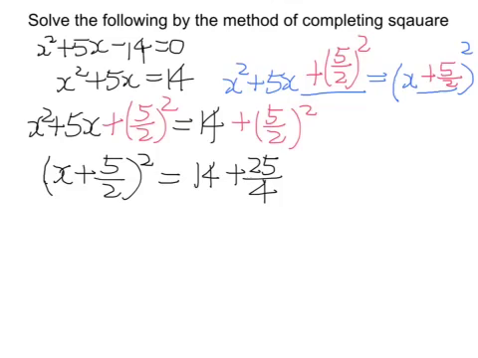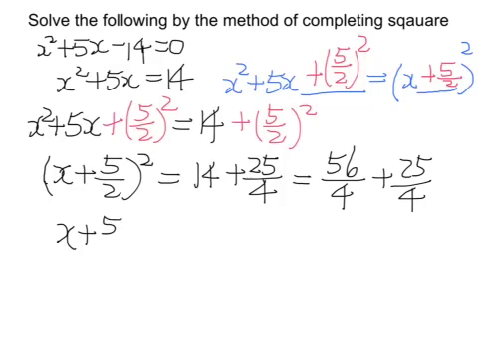So 14 is actually 56 over 4, plus this. That will give me this equals to 81 over 4, right?